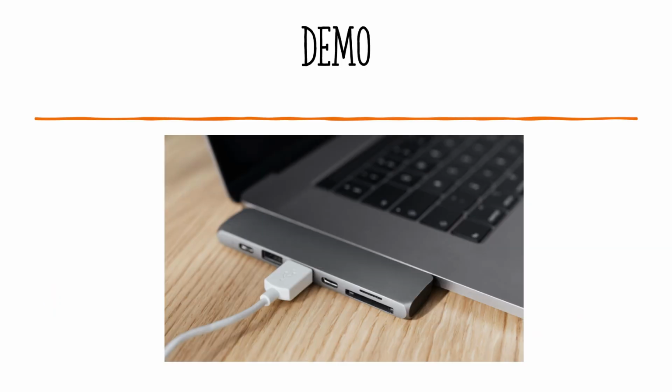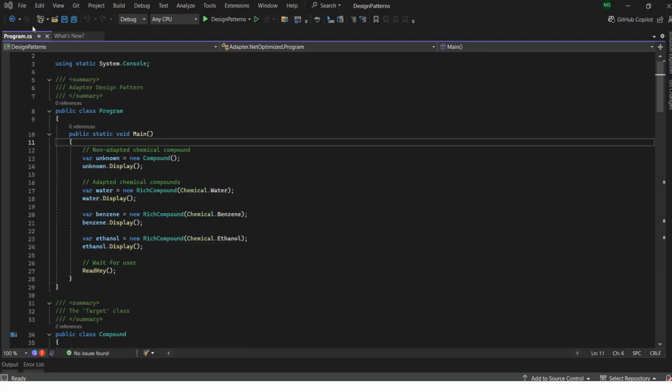So let's jump into the demo. As you could see, we are in Visual Studio. This is the client code inside the main method, where we'll be creating this non-adapted chemical compound and then the adapted chemical compound, which we have named rich compound.